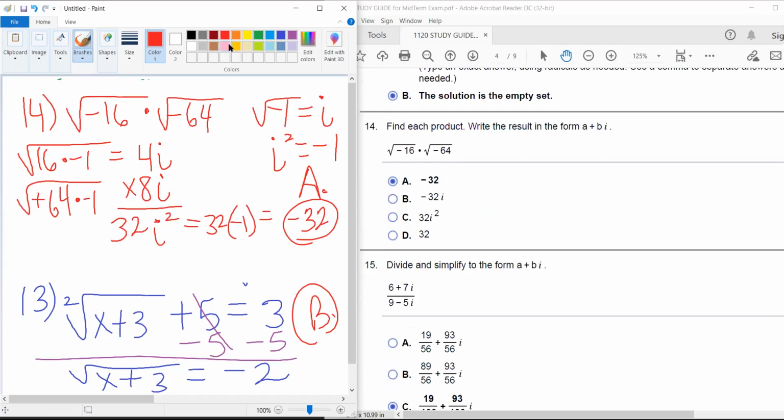Again, make sure that you remember these two values. They are very important in complex numbers. I is equal to the square root of -1, and I squared is equal to -1.